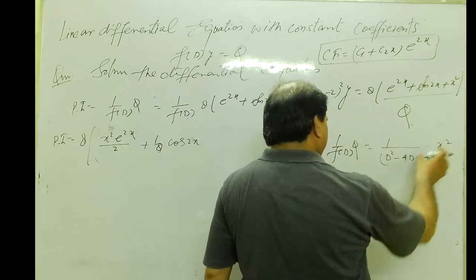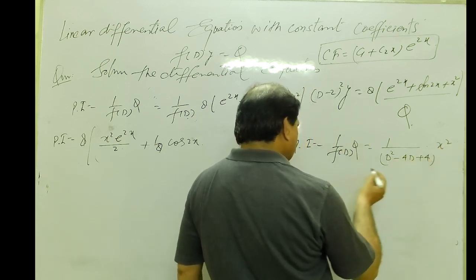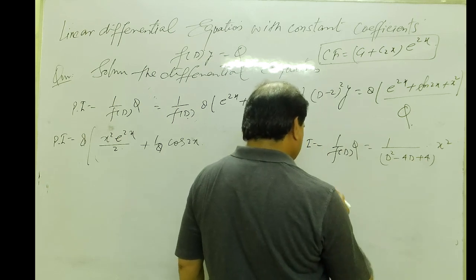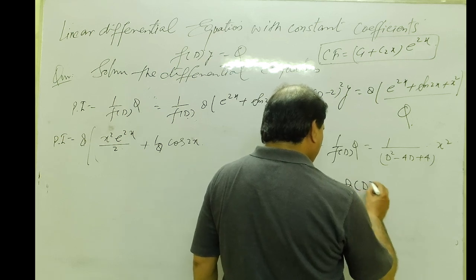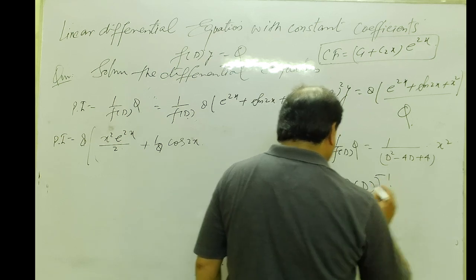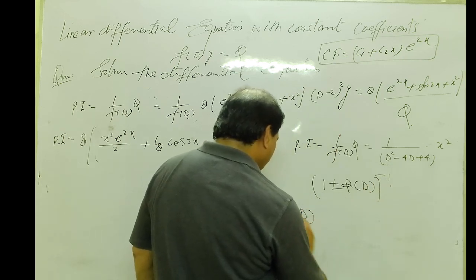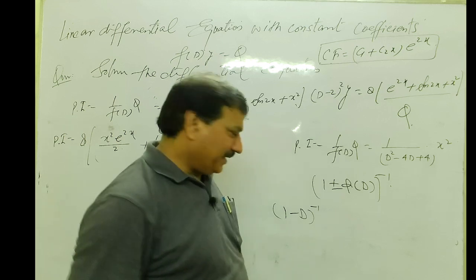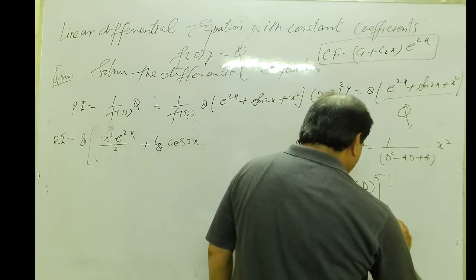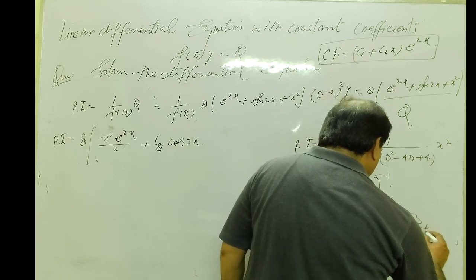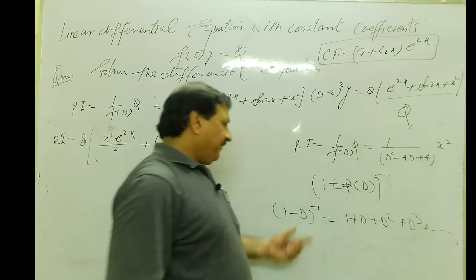This is an algebraic function, so my dear student, convert these terms to the form (1 minus D) to the power minus 1, and use the binomial theorem: 1 plus D plus D² plus D³ and so on. This is the formula.